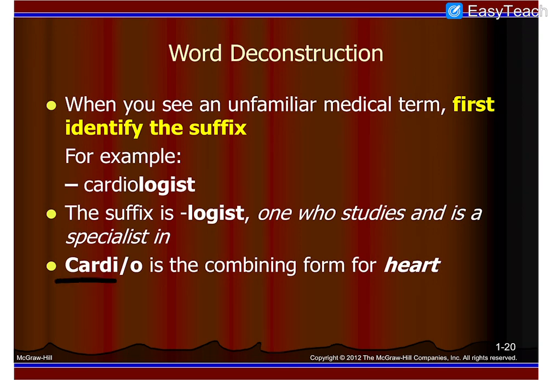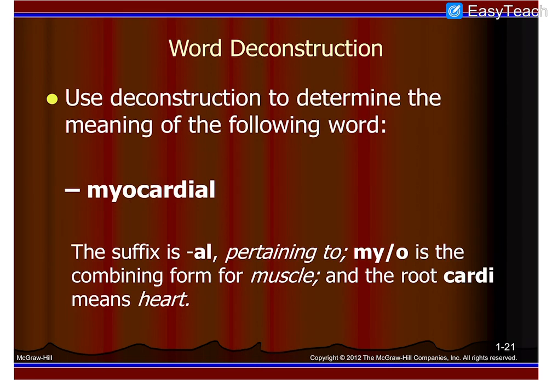And then cardi is a root which refers to the heart. O is the combining form. So cardio is the combining form for heart. And if we're talking about cardiologist, that is a specialist or one who studies the heart.